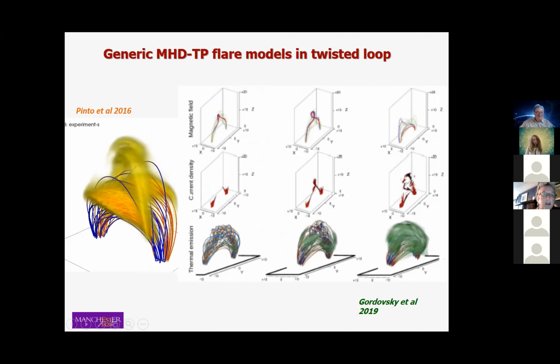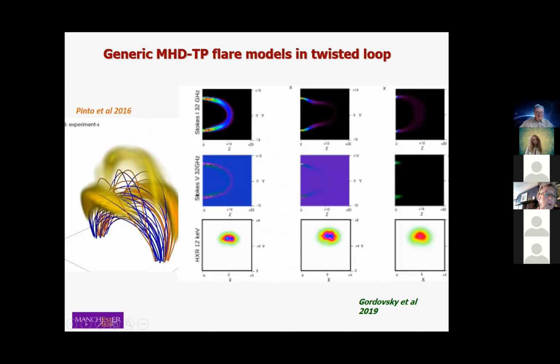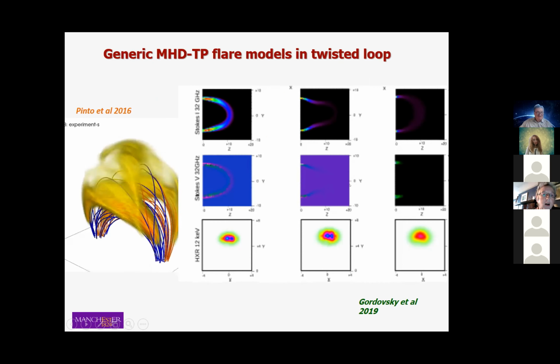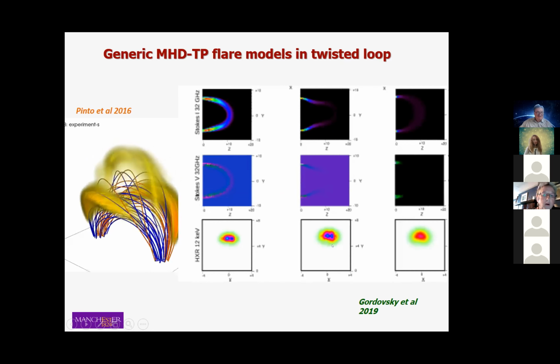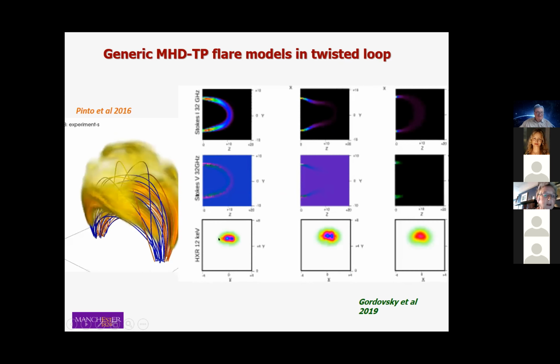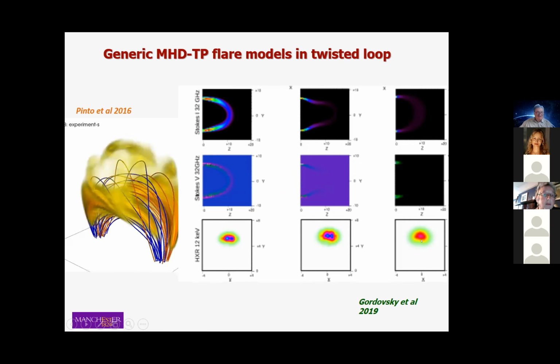Again, the thermal emission. And then for the same model, this shows us microwave intensity and polarization and a hard X-ray source at one of the foot points, expanding and intensifying in time.